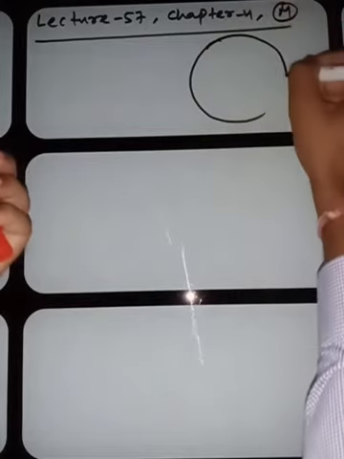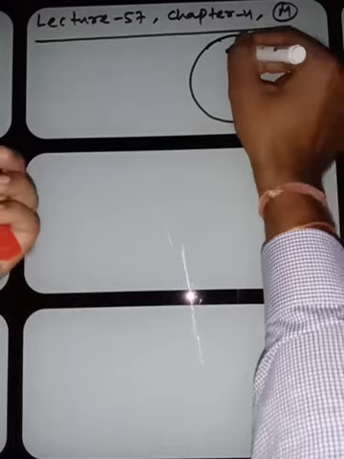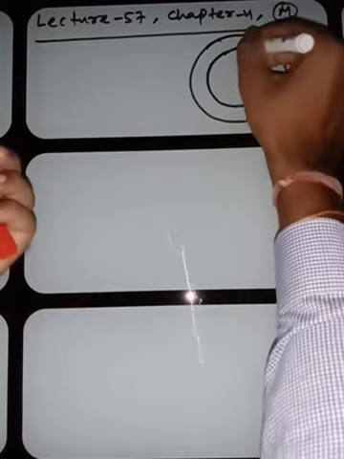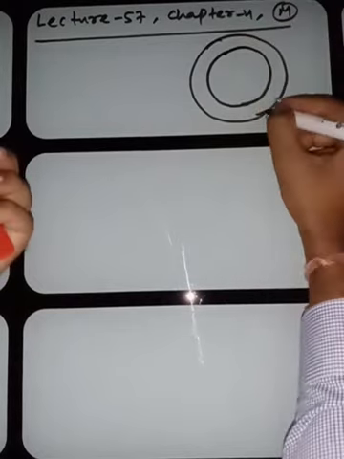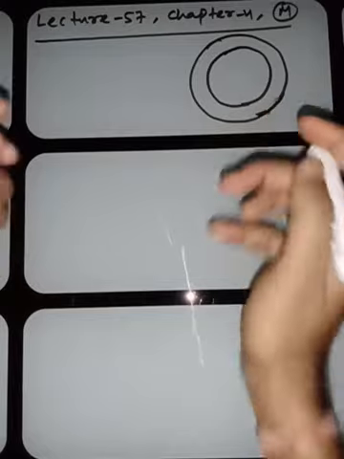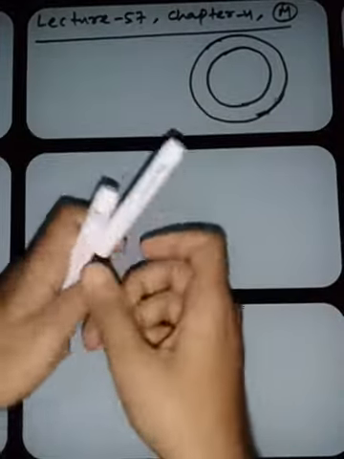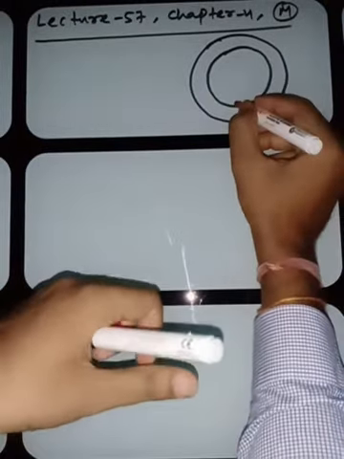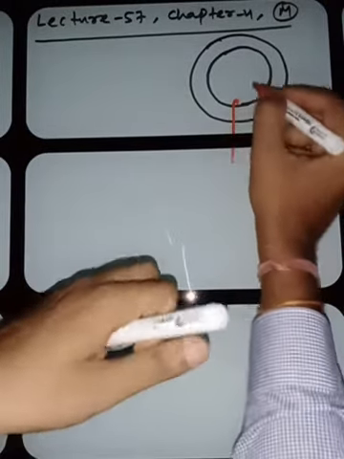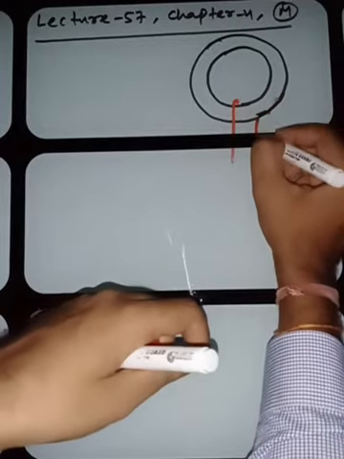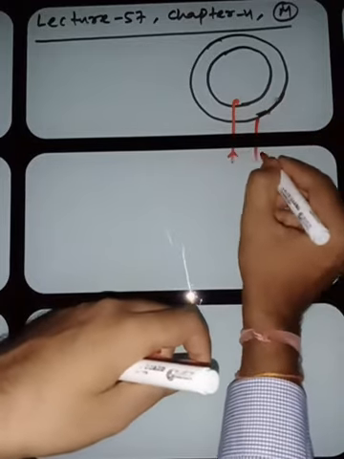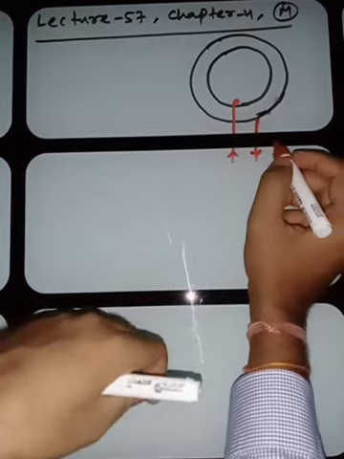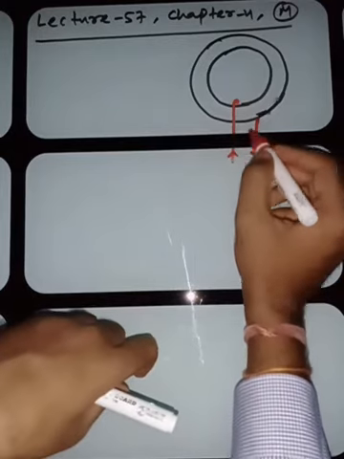Kindly give the heading: magnetic field due to toroid. This is the core of the toroid. The current is going in and out.